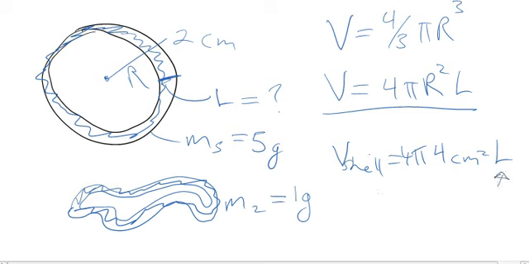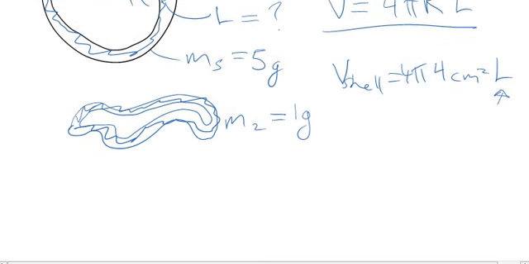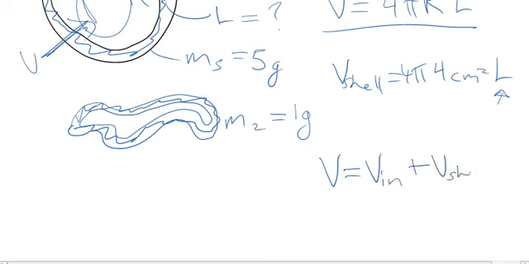And so how can we figure out the volume of the shell? Well, we know that the volume of the entire sphere has a volume that's equal to the volume of just the inside here, plus the volume of the shell. So we could figure out V shell if we knew these two.